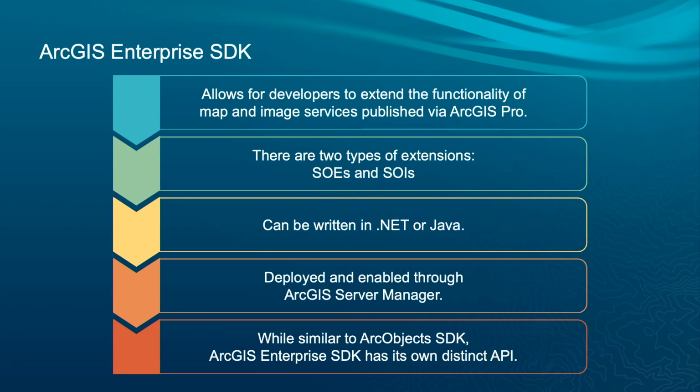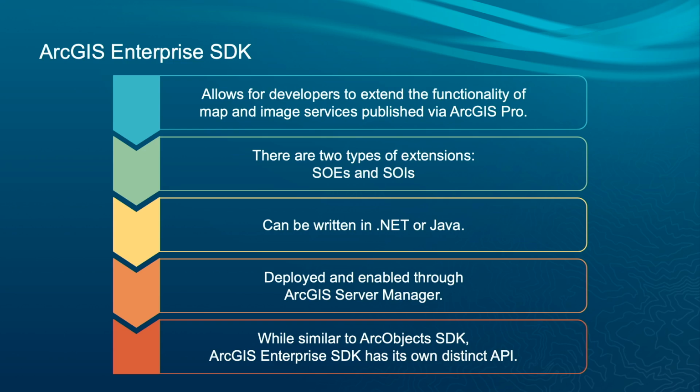So the ArcGIS Enterprise SDK allows developers to extend the functionality of map and image services shared through ArcGIS Pro. This comes in the flavor of two extensions, which are our server object extensions and our server object interceptors. These can be written in .NET or Java, depending on which environment you're in.